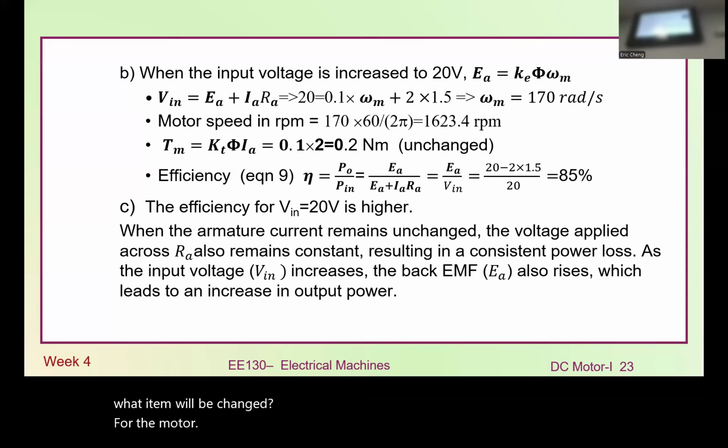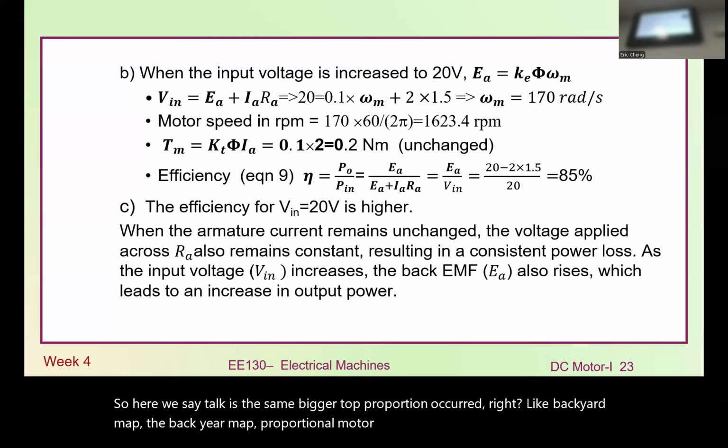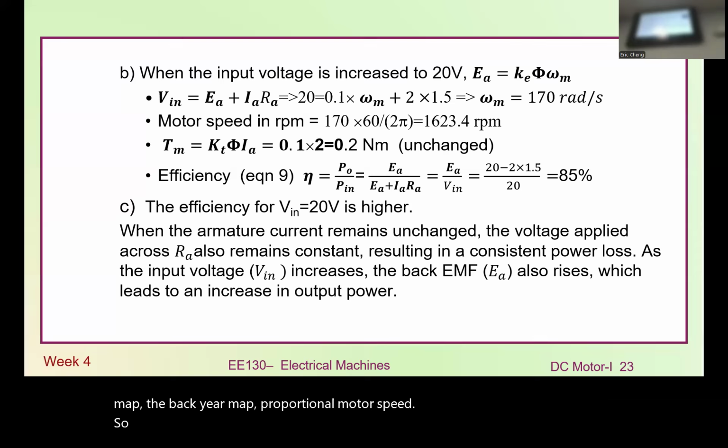When the motor speed increases, in the motor equation, which parameter will also increase? Here we say torque is the same because torque is proportional to current, right? The back EMF is proportional to motor speed. So now the back EMF also increases.